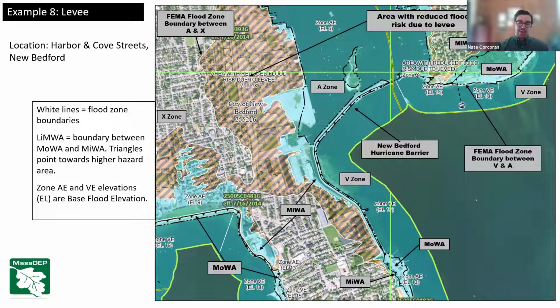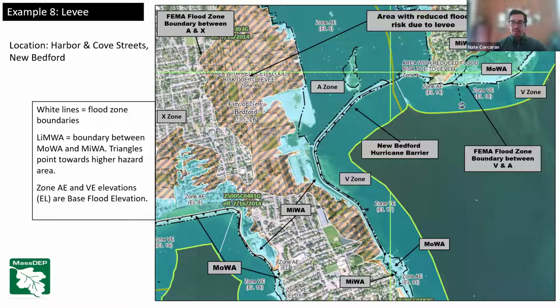So that means it's outside of the flood zone because of that barrier. If you do see an area that's mapped with this orange and gray striping, that's what's occurring. That means there's a levee or barrier that's mapped by FEMA that shows to reduce the landward flooding.